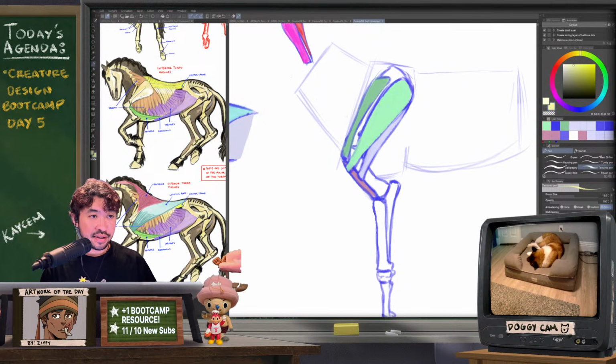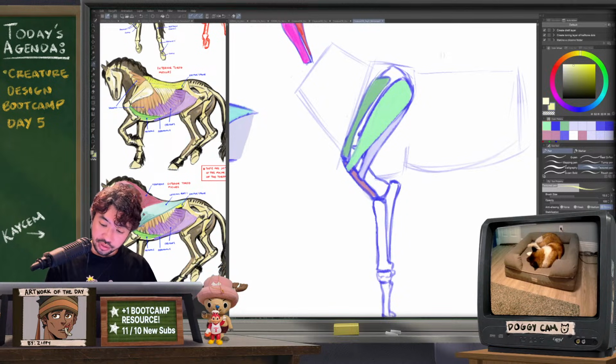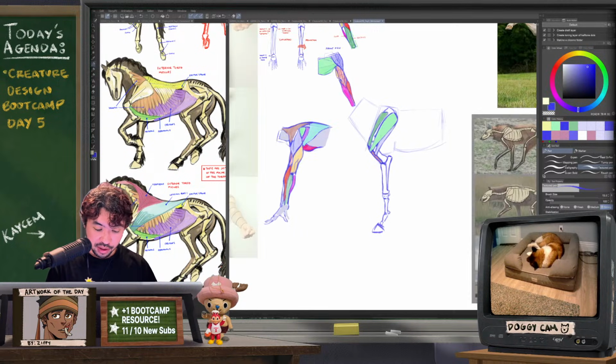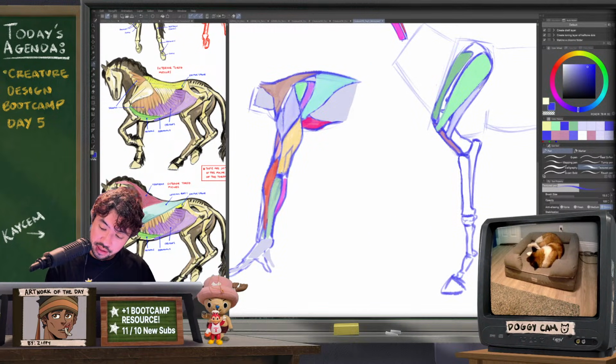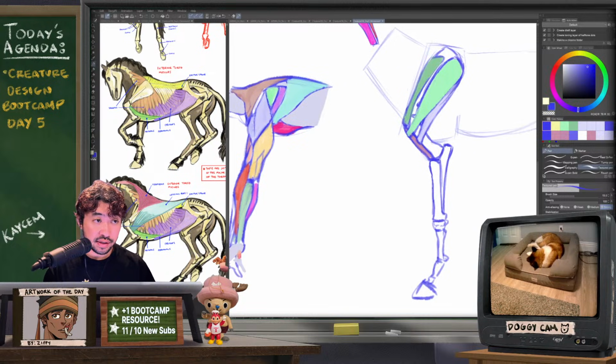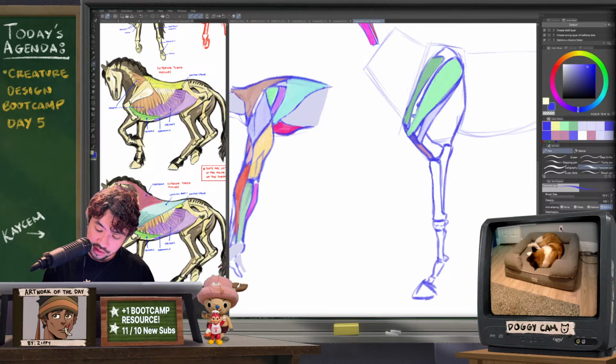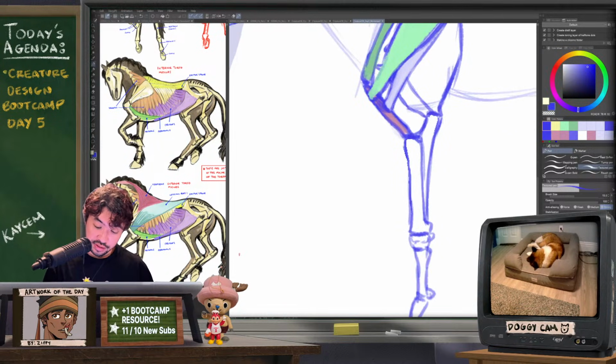And to spice things up even further, you then have the tricep muscle, right? Good old tricep muscle. And the tricep muscle, which we had here for the humans, is actually going to sit all the way and essentially create majority of the mass of the horse. Like this.